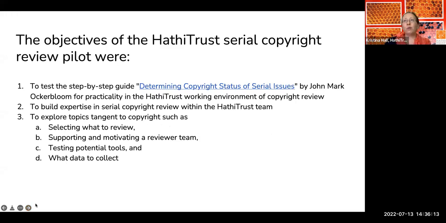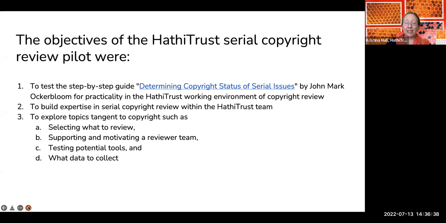Our objective, so we were learning more and we were preparing to make a case for HathiTrust legal and executive decision to validate a process for us and also to kind of inform the building of an official copyright review project. So we were not solely about just opening serials.